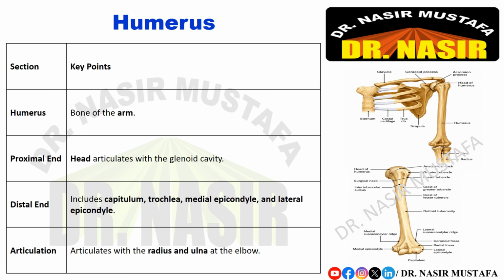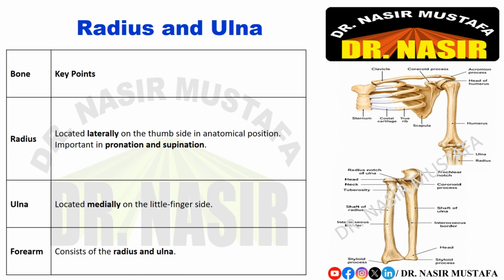The humerus is the bone of the arm. Its proximal end includes the head, which articulates with the glenoid cavity. Important features of the distal humerus include the capitulum, trochlea, medial epicondyle, and lateral epicondyle. The humerus articulates with both the radius and ulna at the elbow. Radius and ulna. The radius and ulna are the two bones of the forearm.